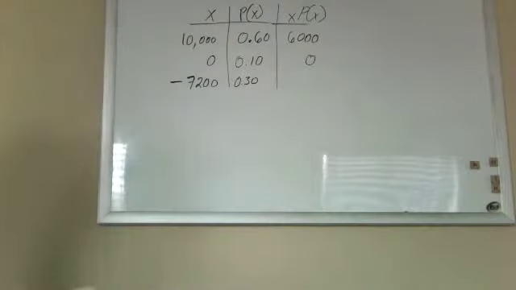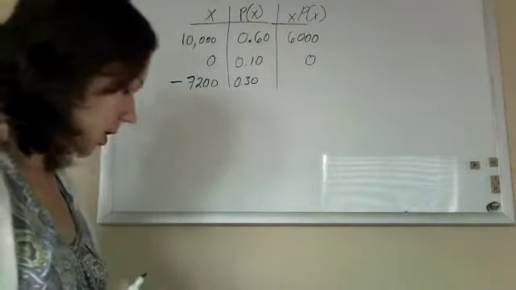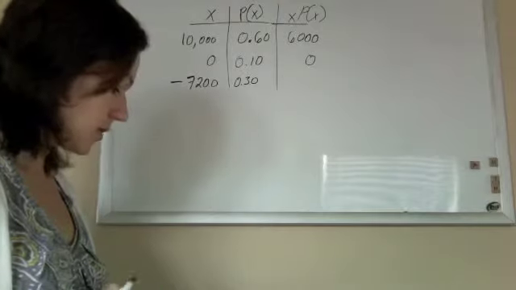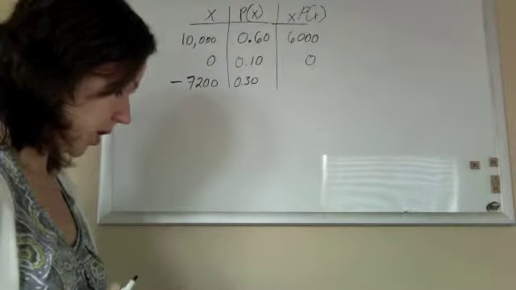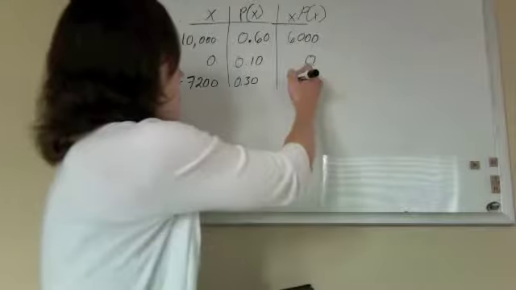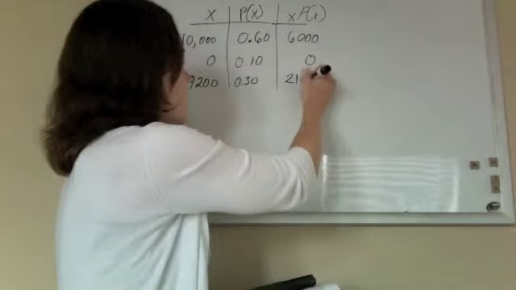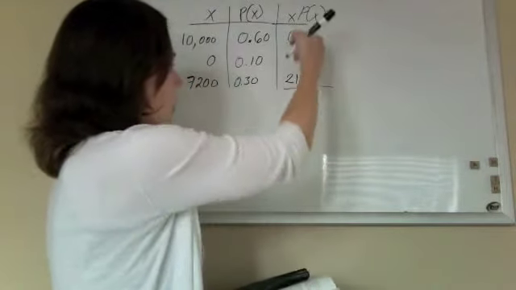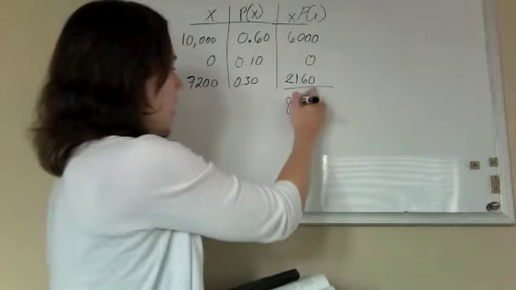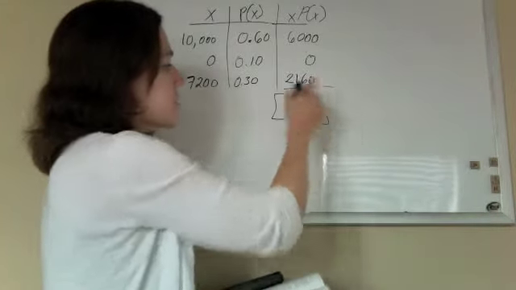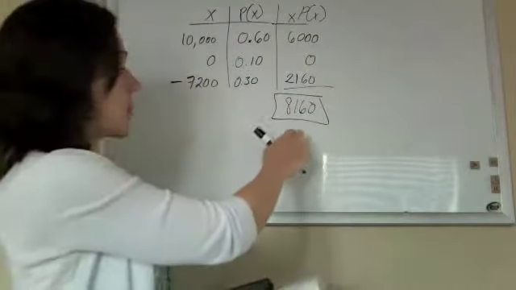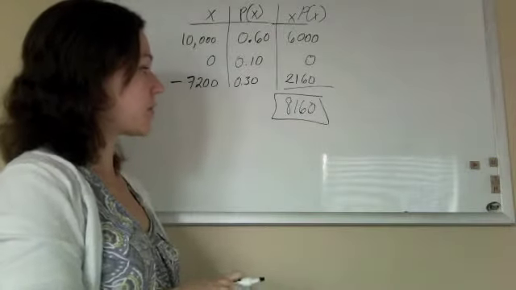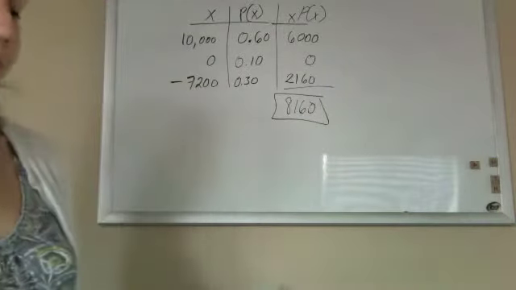And I'll use the calculator because I'm lazy. We got 7200 times 0.3 is 2160. So for a grand total, just add them all up, 8160. And this is your expected value. You plan to come out ahead about $8,160.